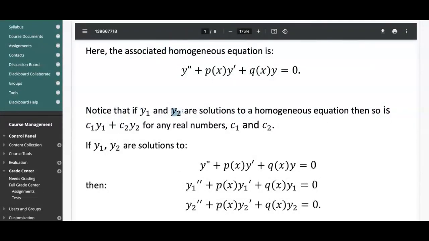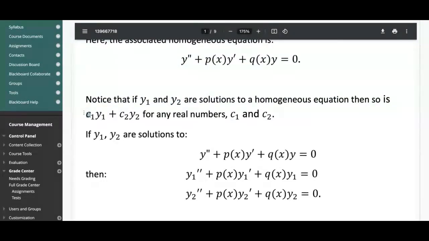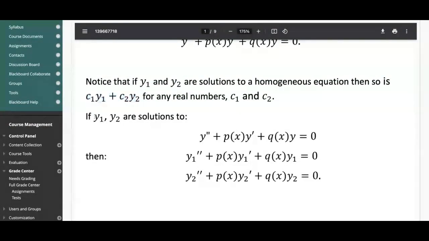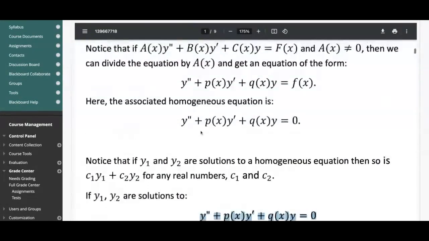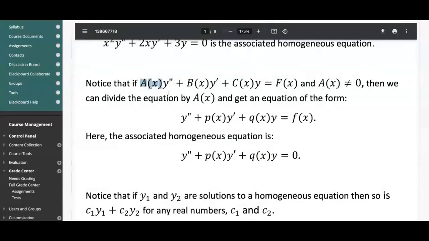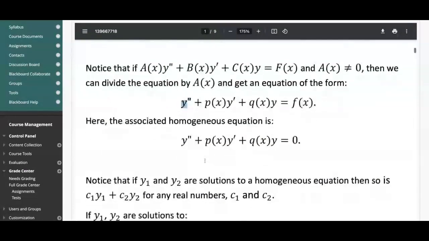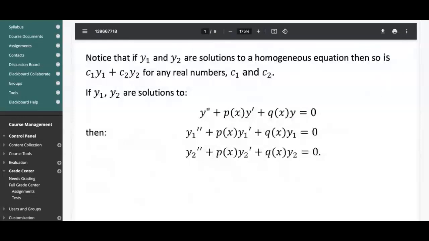So if y1, y2 are solutions to a homogeneous equation, then c1 y1 plus c2 y2, for any real numbers c1, c2, is also a solution. Why is it called associated? Because we just divide both sides by this, so we have y double prime by itself. We just give it another name.